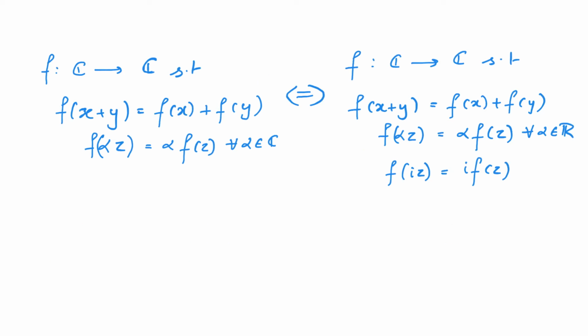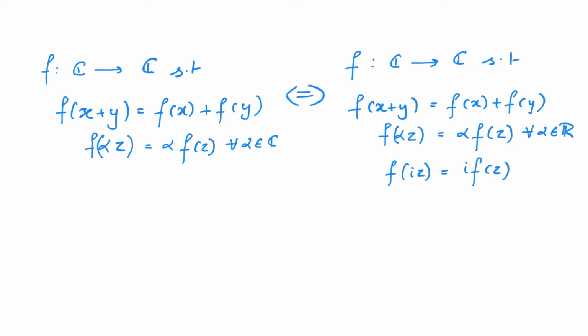Observe that we already saw that functions f from C to C such that f of x plus y is equal to f of x plus f of y and f of alpha z is equal to alpha times f of z for all complex numbers alpha are equivalent to functions f from C to C such that f of x plus y is equal to f of x plus f of y, f of alpha z is equal to alpha times f of z for all real numbers alpha, and f of iz is equal to i times f of z.